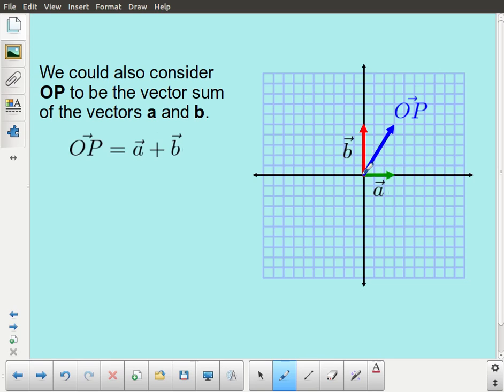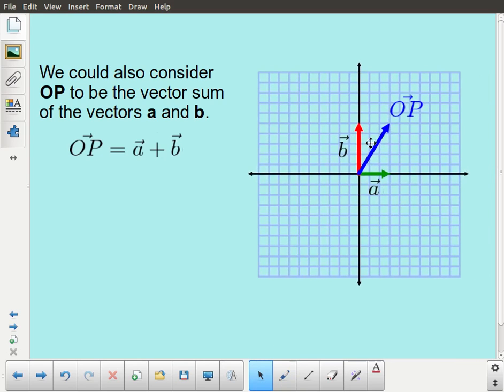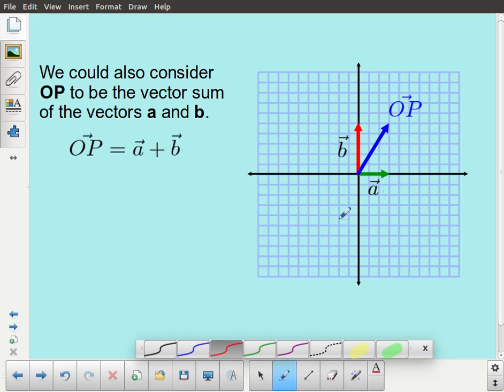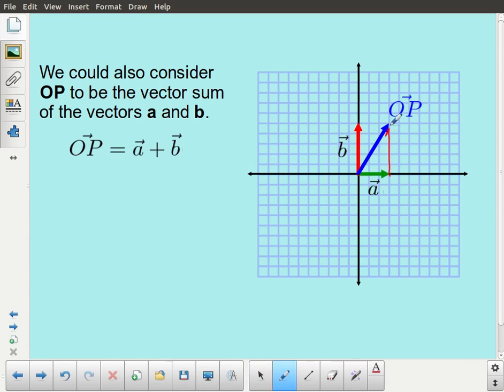And I have another vector that would move me 5 steps up. If I combine these two vectors using vector addition, putting them tip to tail, and I add that red vector to the tip of the green vector, then you can see I end up with my vector OP. So the vector OP can be represented as a vector sum, adding these two vectors together.